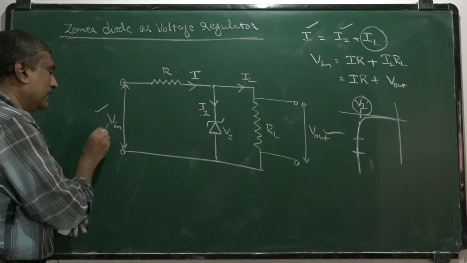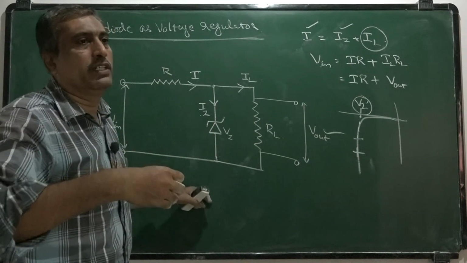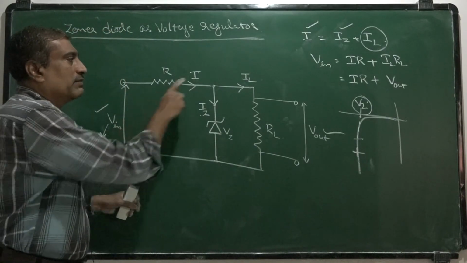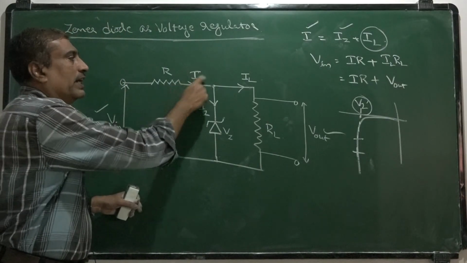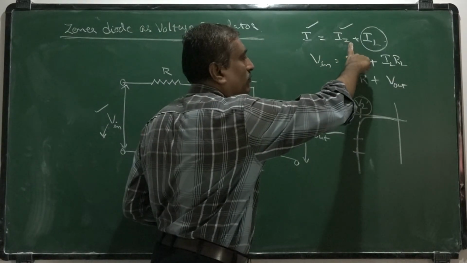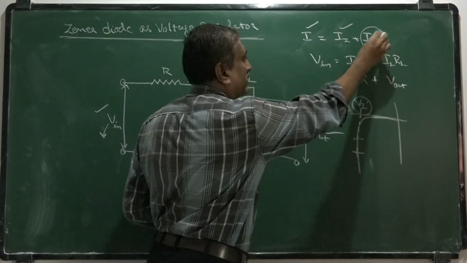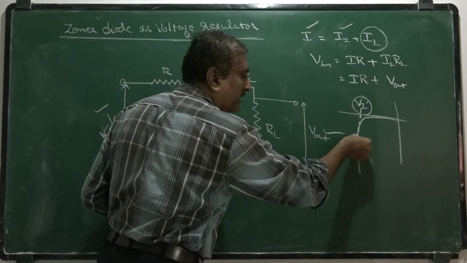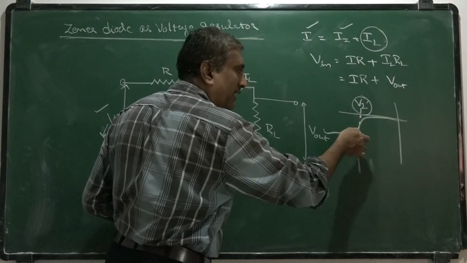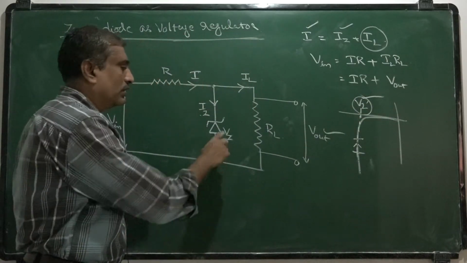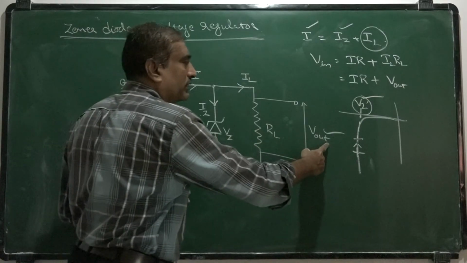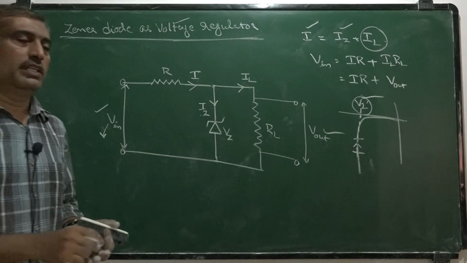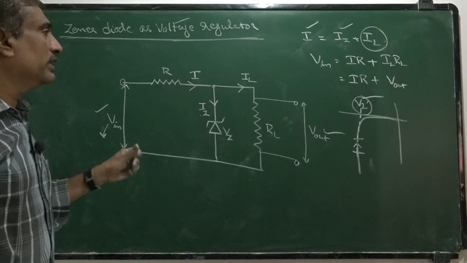Suppose the input voltage decreases slightly. In that case I decreases, then IZ decreases, so IL remains constant and VZ remains constant, so the output remains constant. In this way, the Zener diode acts as a voltage regulator.